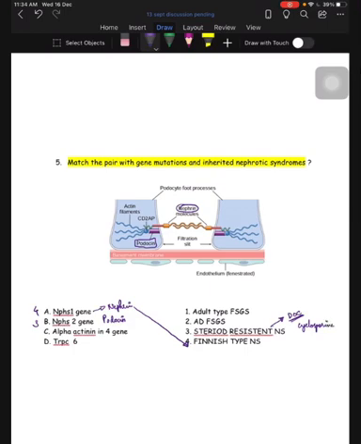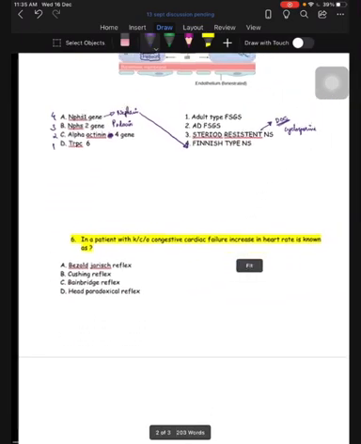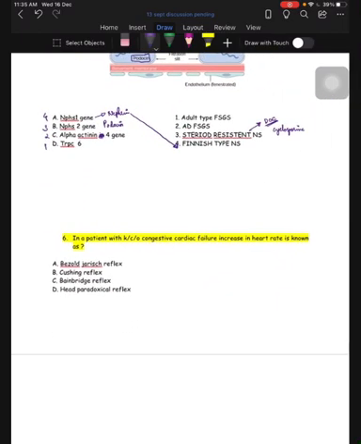Alpha-actinin 4 gene mutation is seen in adult autosomal dominant FSGS, and TRPC6 gene mutation causes adult-type FSGS. Next: in a known case of congestive cardiac failure, the increase in heart rate is known as which reflex?